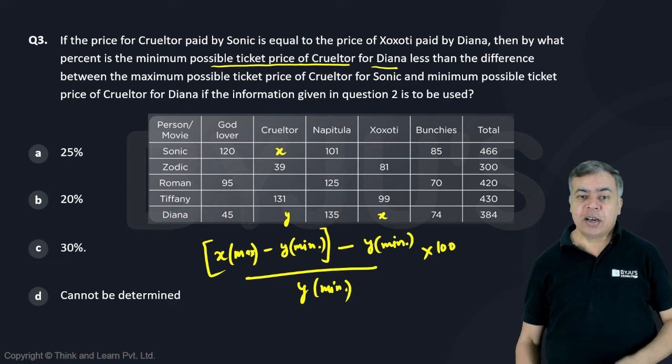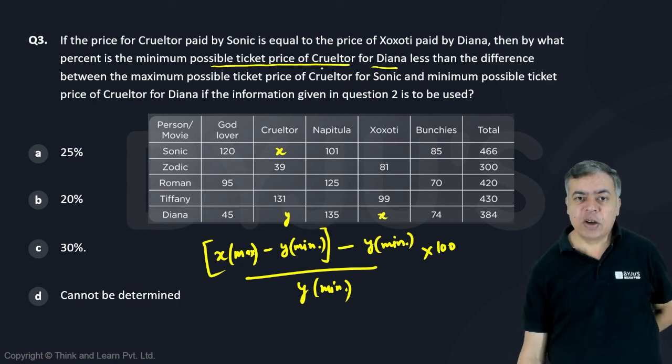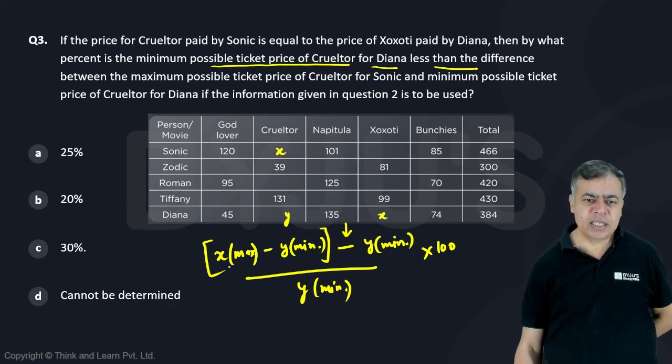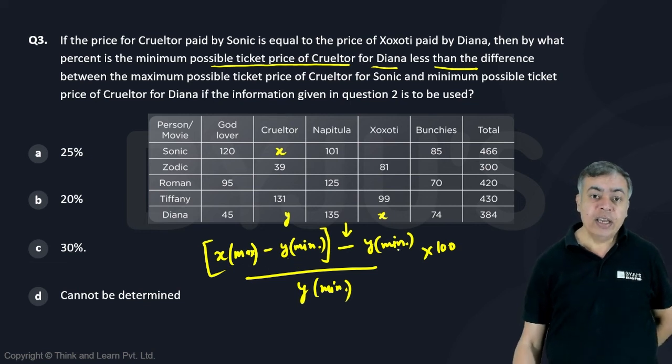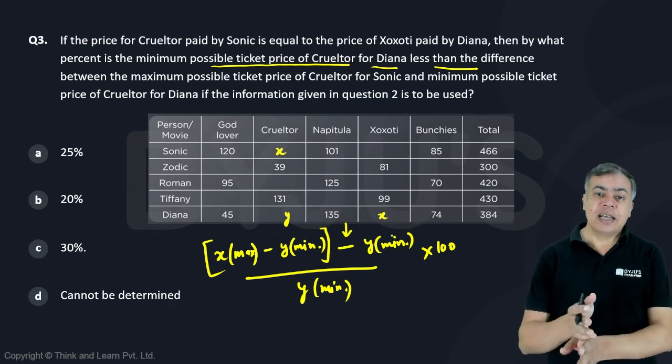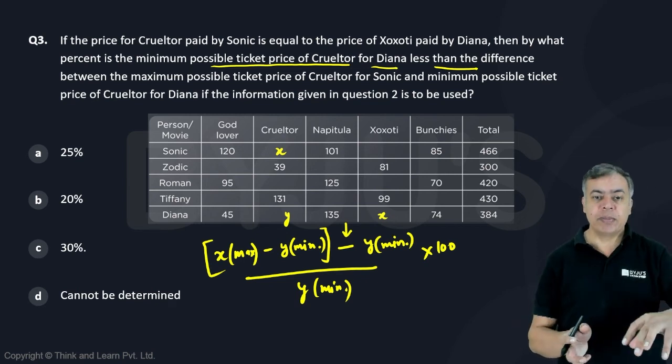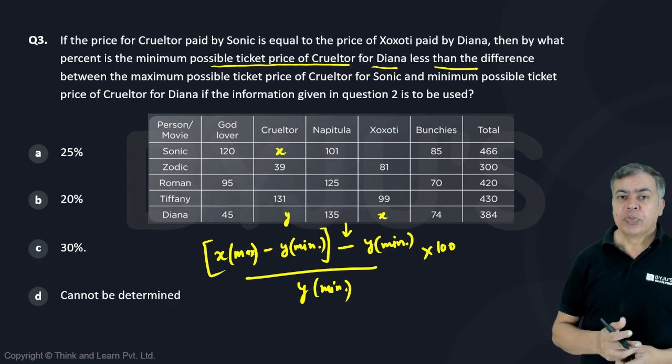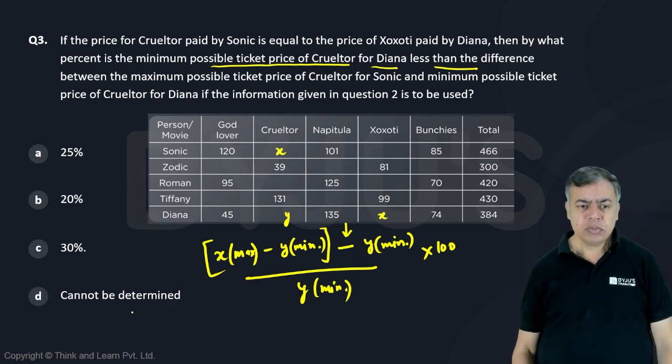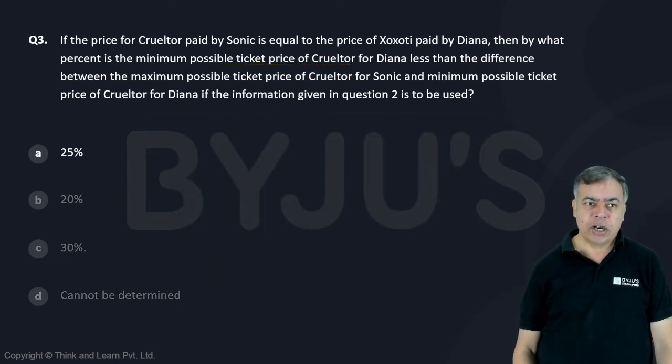The minimum price of this C by Diana, that is Y minimum, is less than the difference between the maximum of X and the minimum of Y. So I have taken that difference. So how much is Y minimum less than the difference of X maximum and Y minimum? So this will become the equation, and as a percentage of Y minimum obviously.